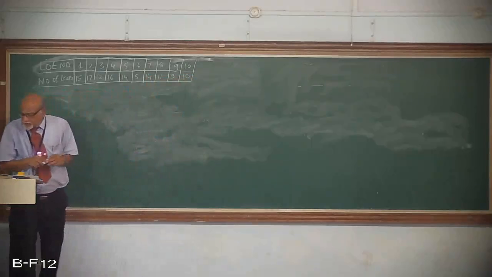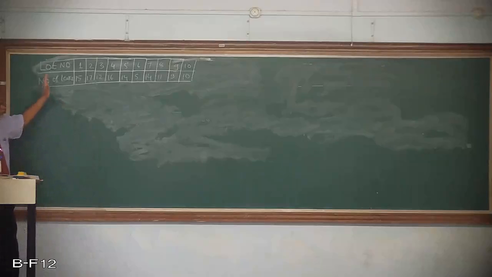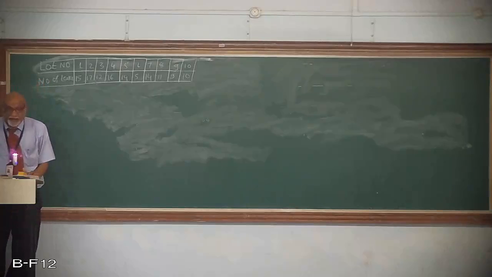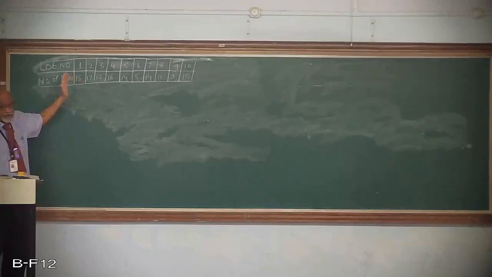I'll read the problem once again. The following table refers to the average number of outlet leaks for 10 lots of 100 radiators each. So what are these things? This is not for radiator. Try to understand.